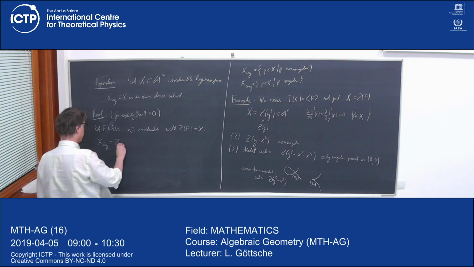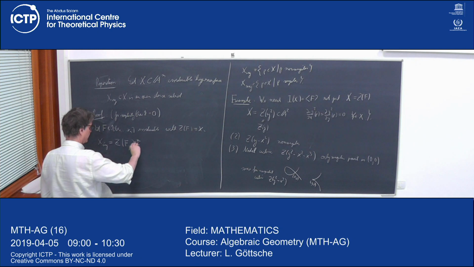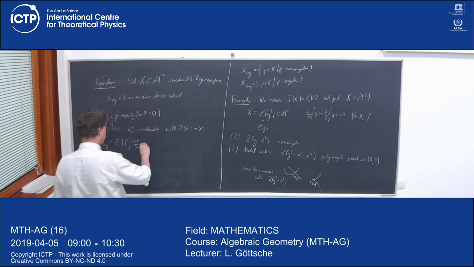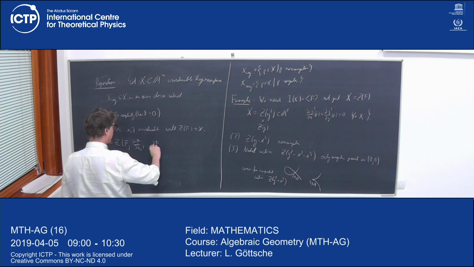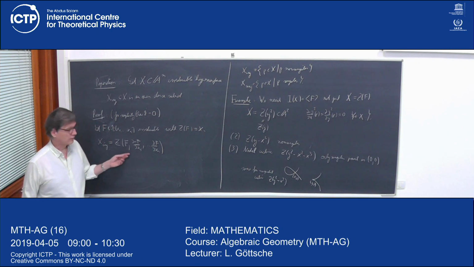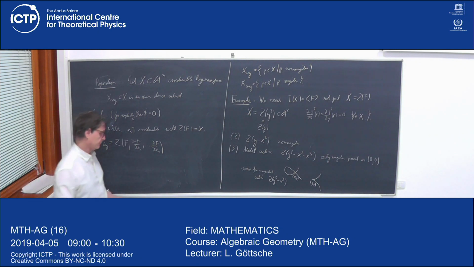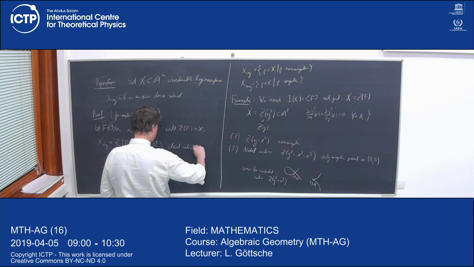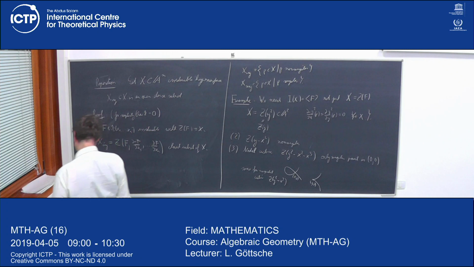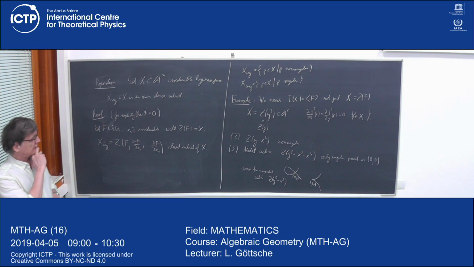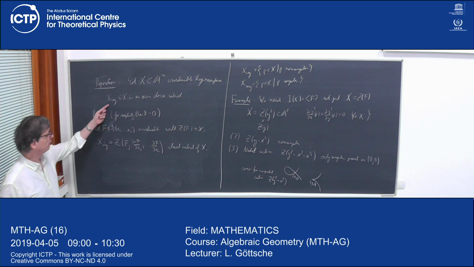This is just the zero set of f, df by dx1, because the partial derivative is also a polynomial, until df by dxn. And this obviously is a closed subset of X. Therefore X reg is open in X.